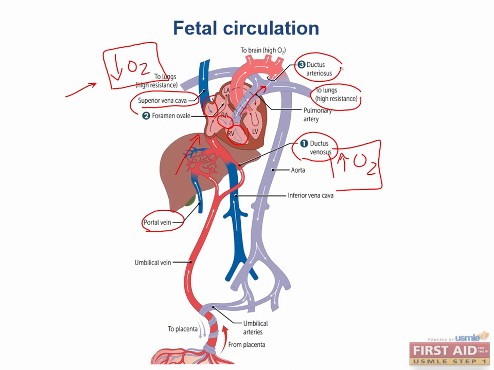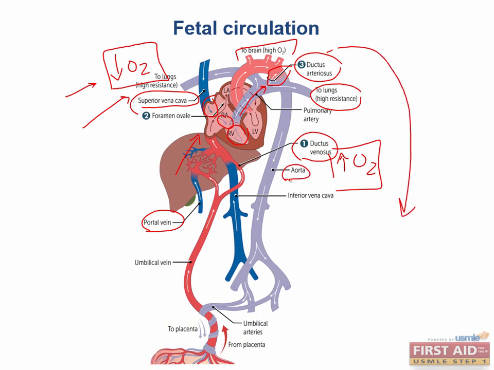Notice how the ductus receives most of this low oxygen tension blood after the great vessels. This is because the ductus's job is to serve as a shunt so that this low oxygen tension blood does not go to the brain. The shunt is after the great vessels so that the blood will come down into the aorta.